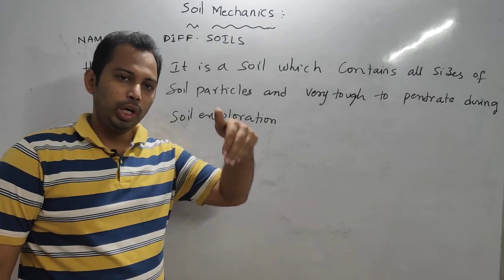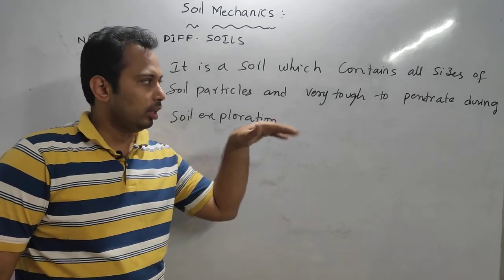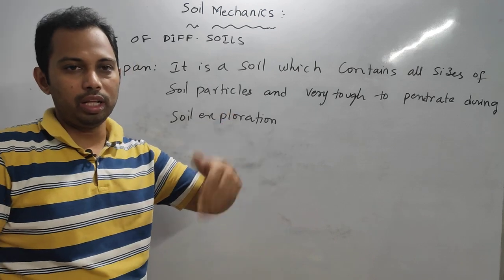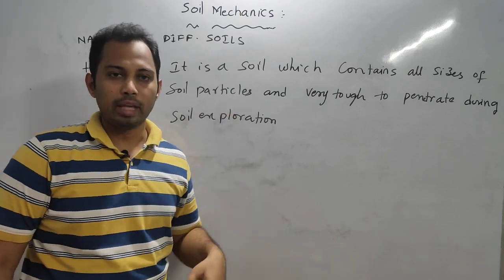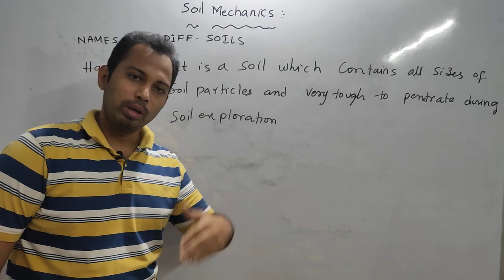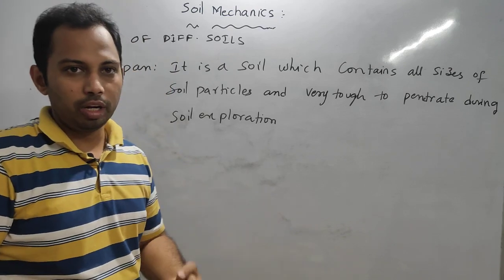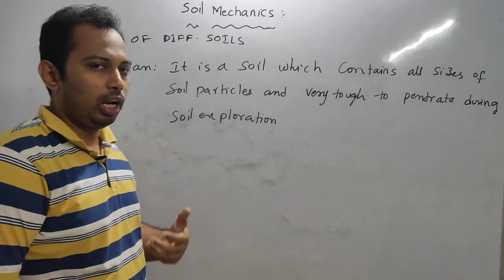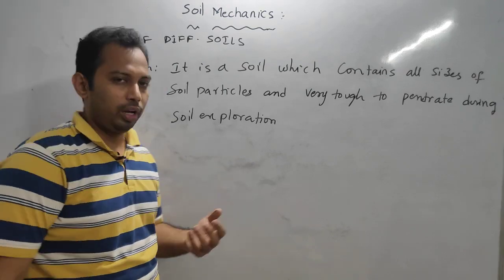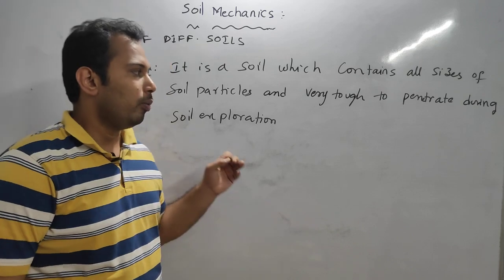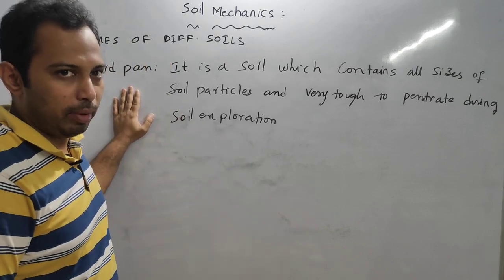You need to penetrate this equipment for obtaining the undisturbed samples, or for going to some location where you want to find the SBC. So soil investigation and soil exploration is very difficult when you meet with the hard pan.